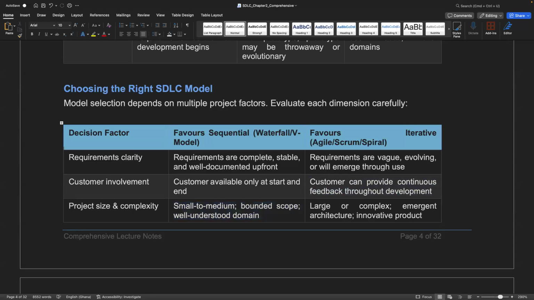But where it is large and complex, like the school management system, we are using the agile, the scrum, or the spiral. Or we can actually combine all of them. We can combine, just like a car may have hybrid, either diesel or petrol, or diesel or EV, or diesel or hydrogen. We shouldn't have any problem using that. Any question up to this point, ladies and gentlemen?